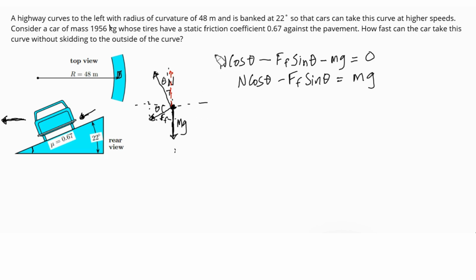Now let's look at the sum of the forces. This was the sum of the forces in the y direction. Sum of the forces in the x direction, I have this component of force of friction acting in this direction. So that is force of friction times cosine theta, plus I have this component of the normal force also acting in that direction, in the negative x direction, but I'm going to call these all positive because this is the positive centripetal force direction.